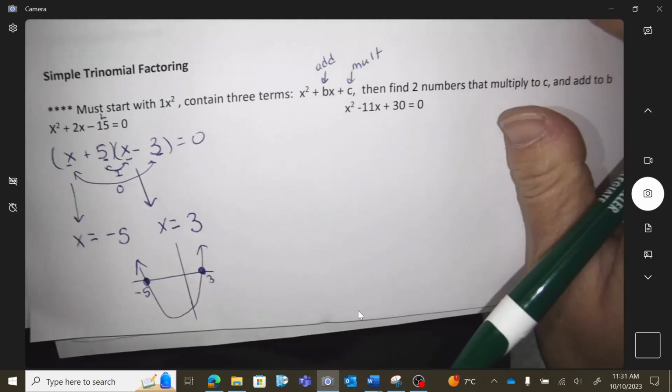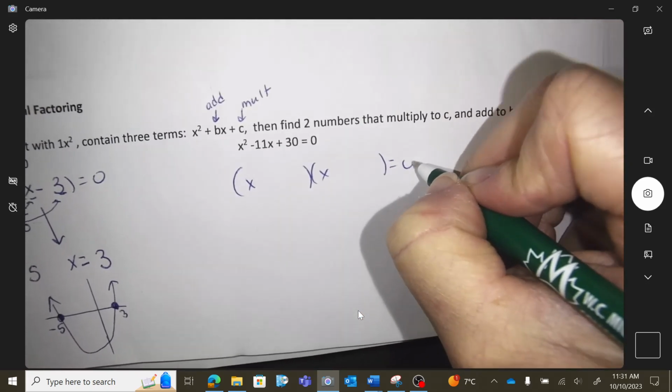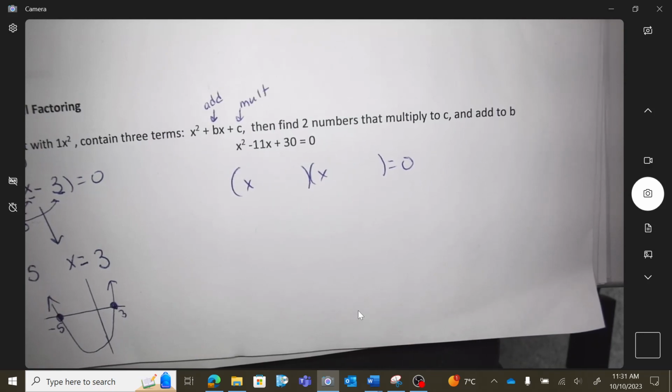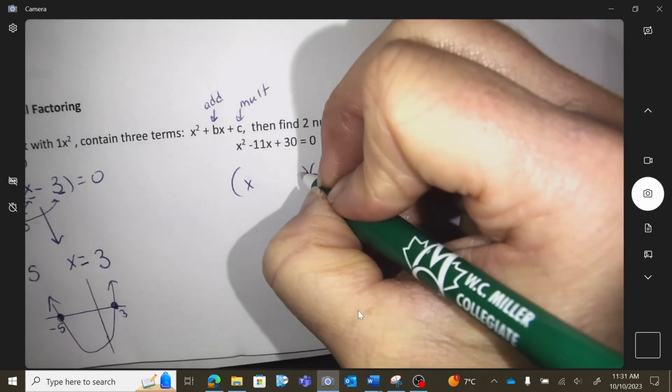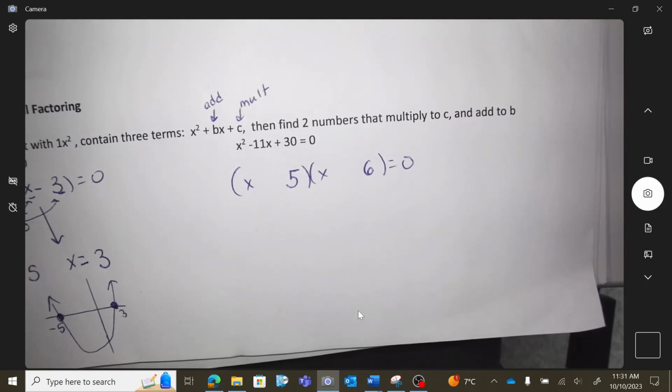Okay, can you do the second one on your own? So basically, I need you to think about 2 numbers that multiply to 30, and then you can add those numbers together to get 11 out of it. So I picked a 5 times a 6 to get 30.